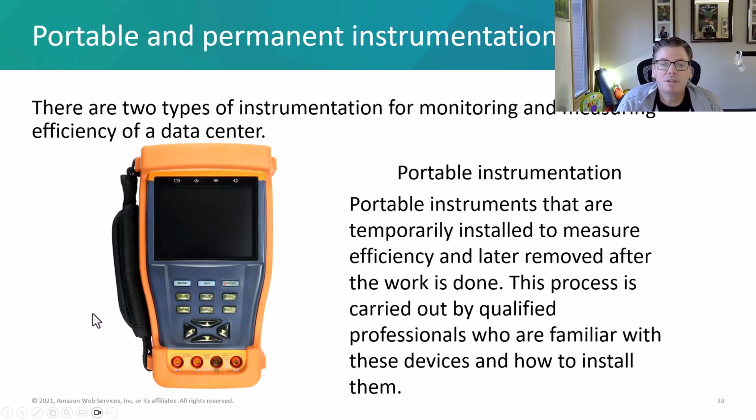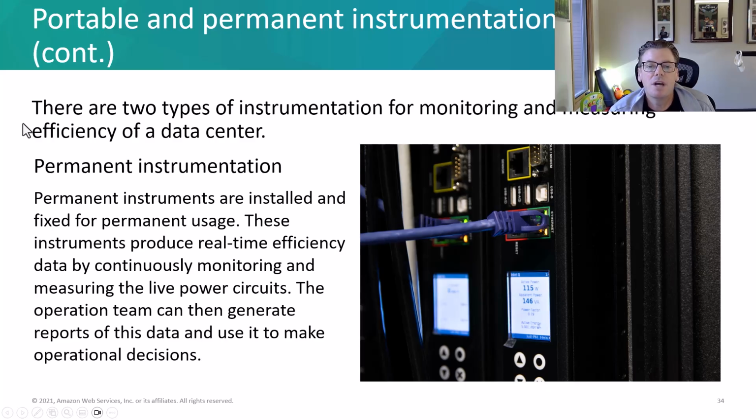So this is an example here of portable instrumentation, right? You can carry it through the data center. We can check temperature sensors, airflow readings, and that kind of thing with some of these different handheld units. Or we could also have permanent instrumentation that's installed and fixed in place for monitoring things.